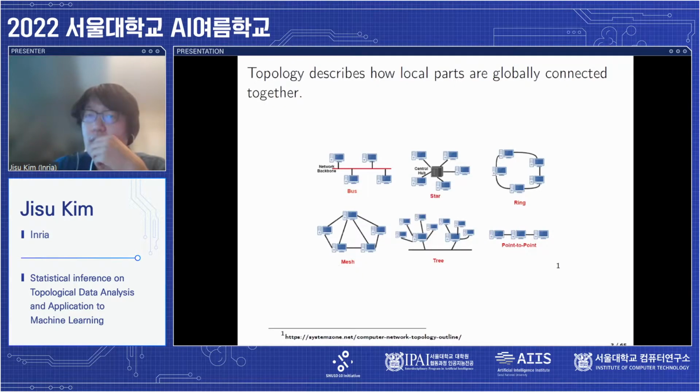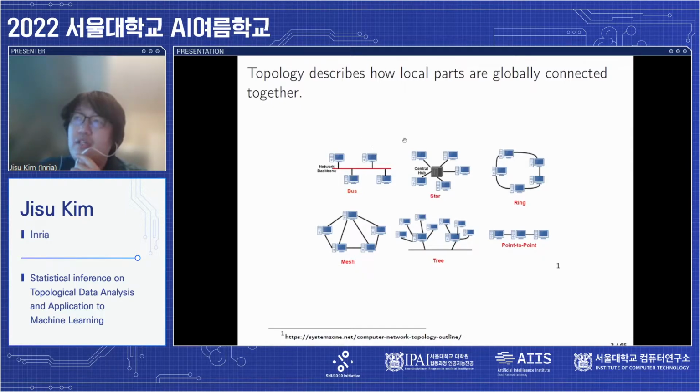I guess here in the computer science department, some of you have heard of topology in the context of the computer network. So in the computer network, the topology describes how the computers are connected in the network.